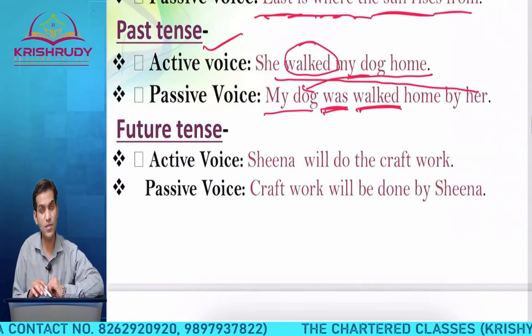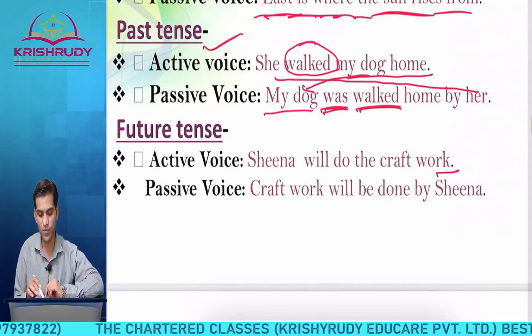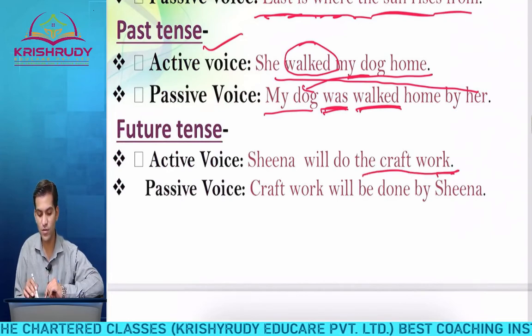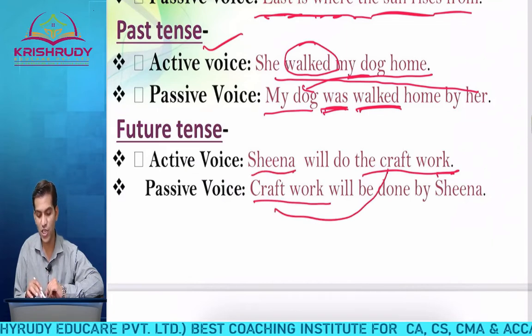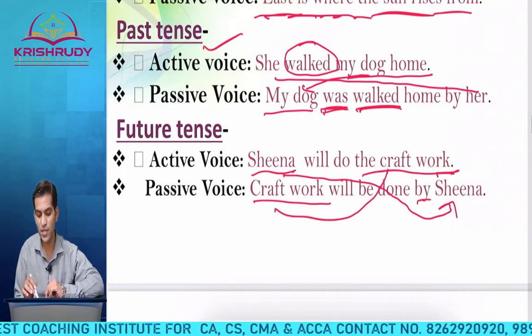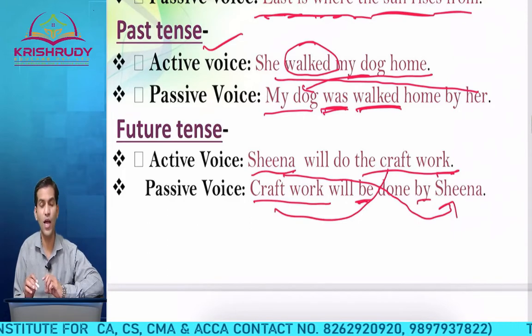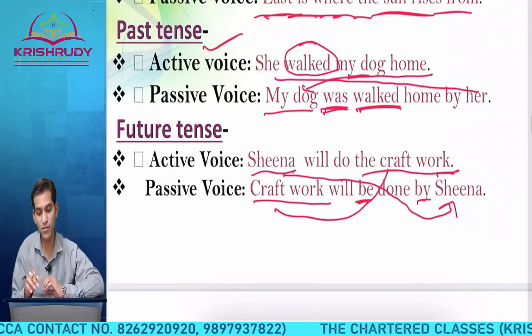Now future tense is itself very easy. "Sheena will do the craft work." So "craft work" will be changed into the subject here, and Sheena will remain Sheena, but here at the end "by" is used. And with "will" we cannot use "is," right?